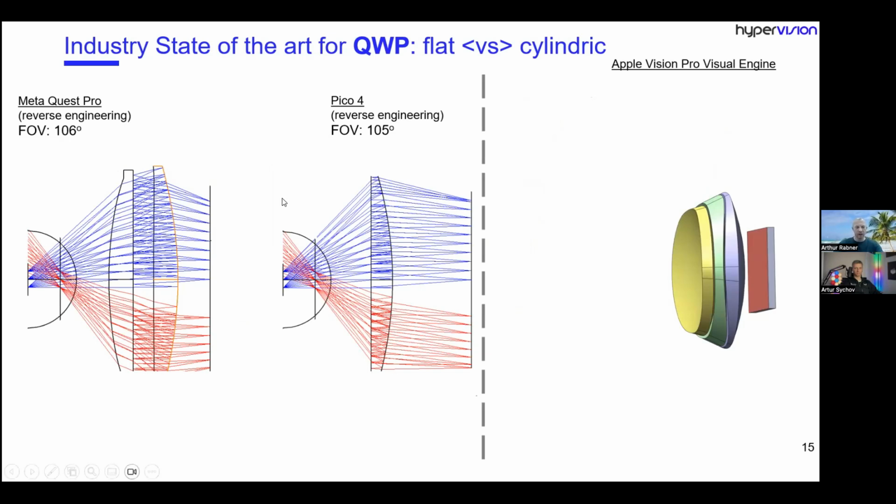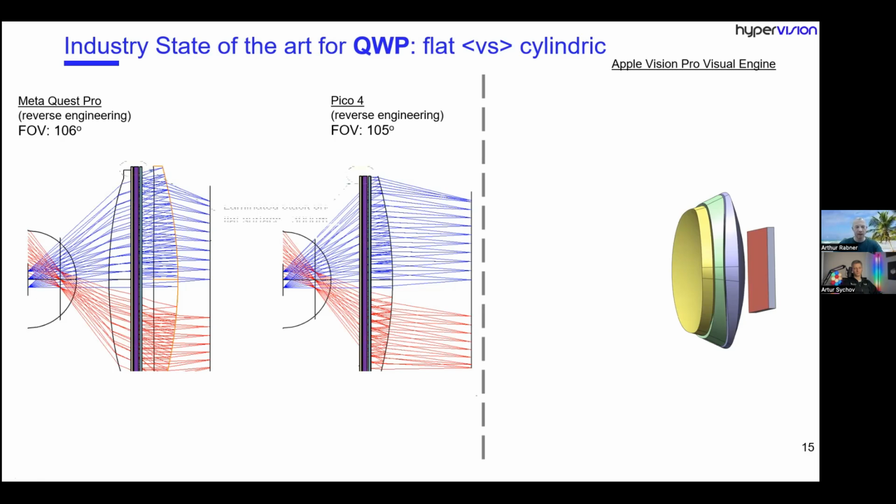On the left side, you see architectures based on fast LCDs, and Meta has 2 lenses, and Pico has 1 lens. But what is common for those 2 cases? The lamination of thin films, doing manipulation to polarization, are done on flat surfaces.